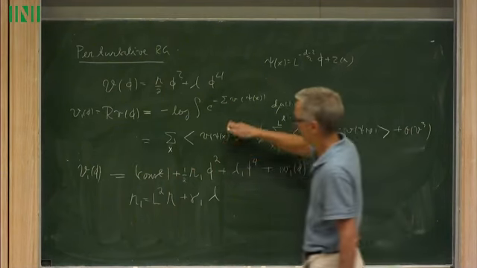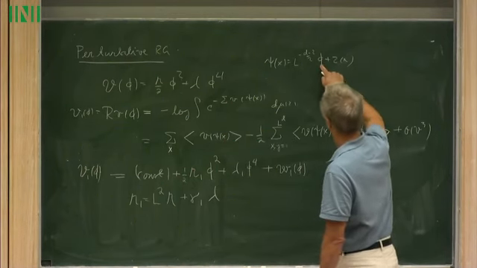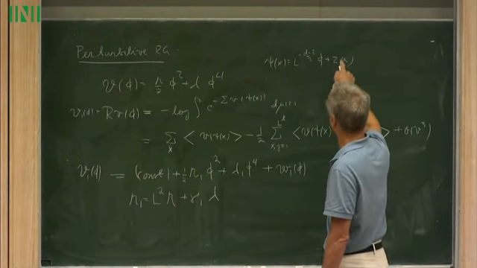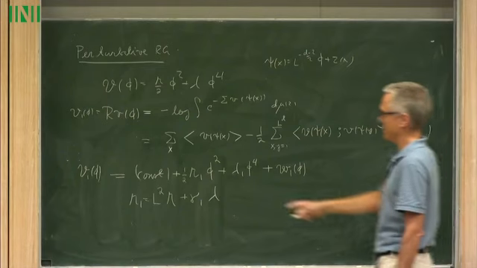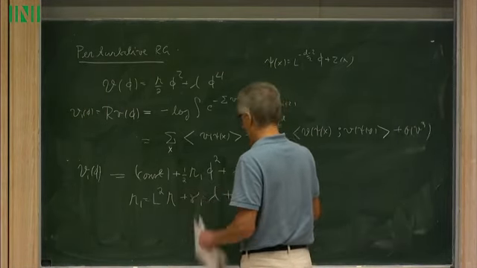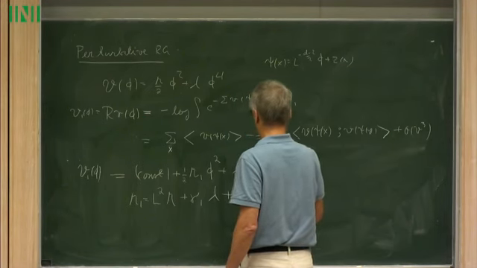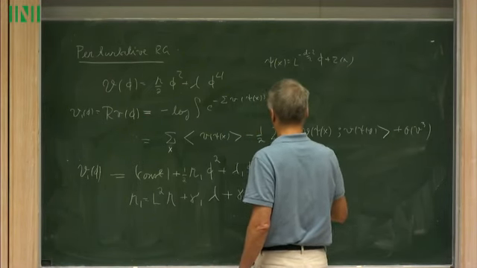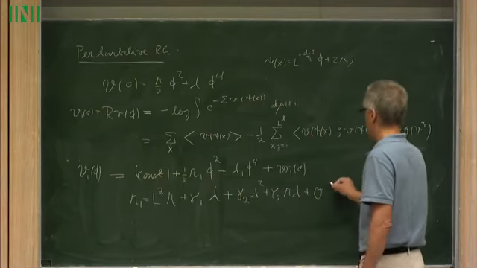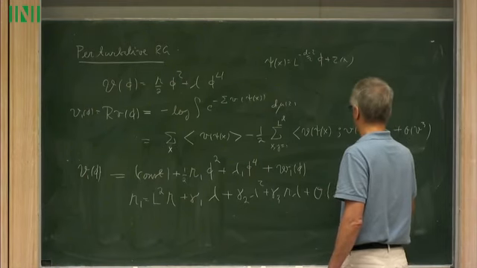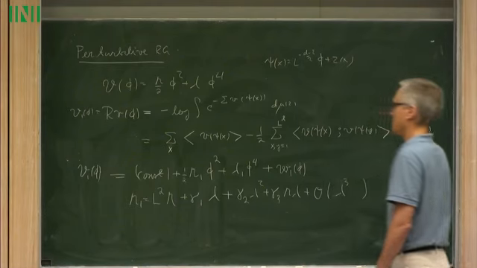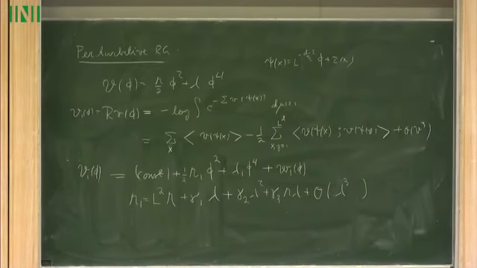From here, if I expand this to the fourth power, I get a phi squared and expected value of z squared. So there is a number there. Then clearly I get something like gamma 2 lambda squared. There's even a gamma 3 R times lambda, and then plus something which is higher order in lambda, let's say lambda cubed, coming from here.